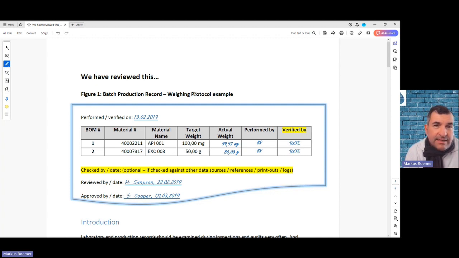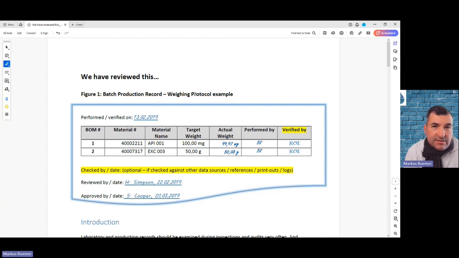The second thing is, if I work as a consultant and we talk about the implementation of electronic systems like a LIMS system, or electronic batch recording, so you want to have your batch production records as electronic records, or an eDHR, electronic device history record, you should also think about how you implement automated work processes and workflows, and how to implement initials and signatures, electronic signatures.